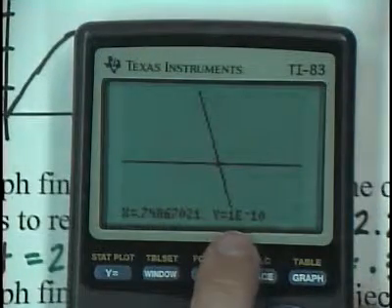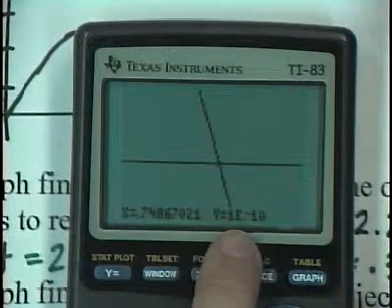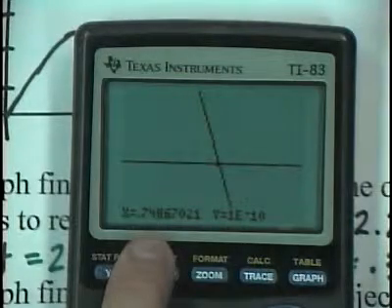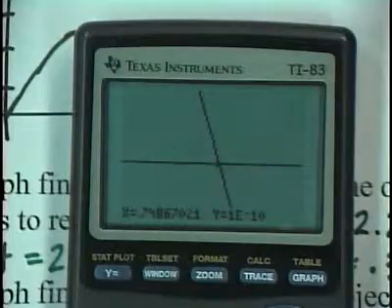For all practical purposes, that number is 0. It's 1 times 10 to the negative 10th power. So consider that 0. And note that the X value where the cursor is about 0.75.